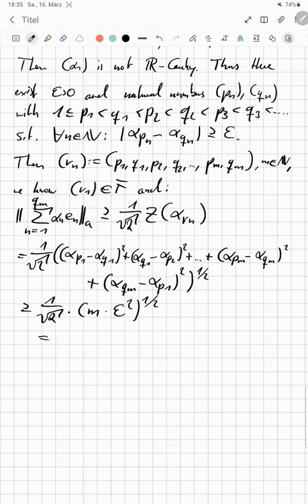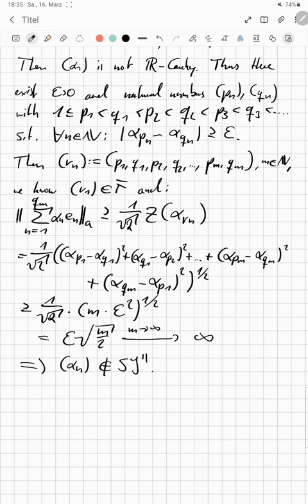And this is the same as epsilon times the square root of m over 2, which of course diverges as m goes to infinity. And thus we know that alpha n has infinite norm and is thus not a part of Sj dash dash.